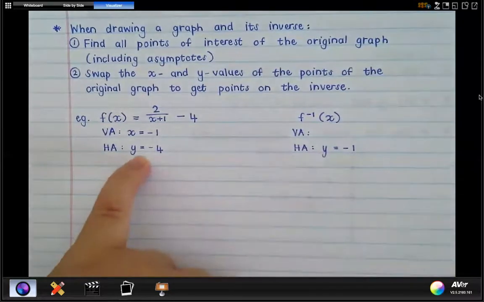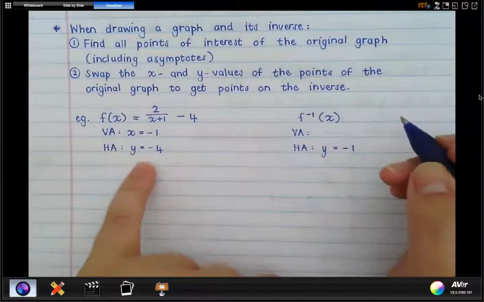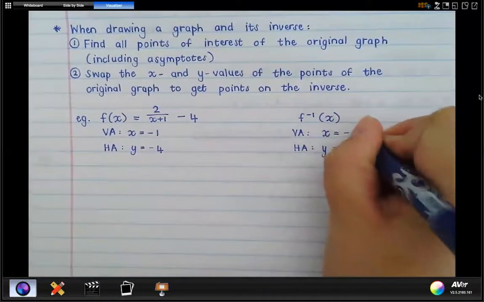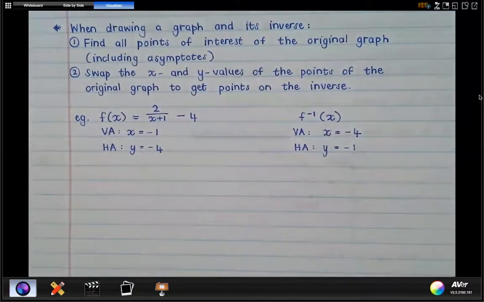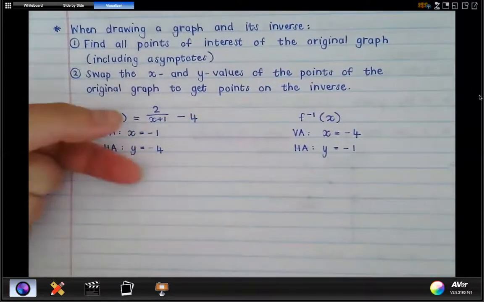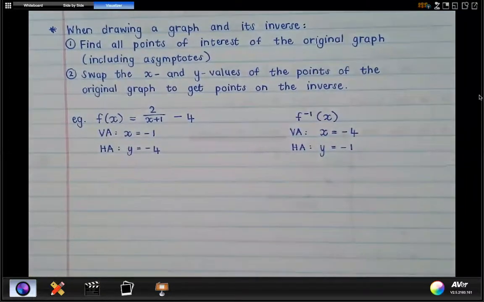You can do the same thing with the y asymptote. The y asymptote is -4 for the original, so for the inverse, the x asymptote is going to be -4. Right? So you can swap the x and the y. So basically you have your two asymptotes. If you just swap x and y around, that will give you the two asymptotes of your inverse.